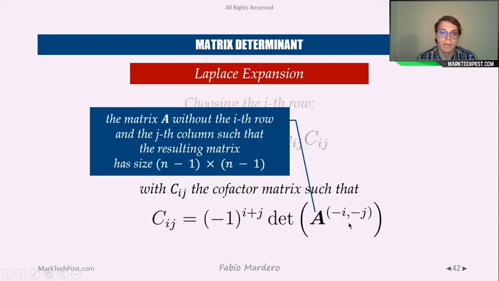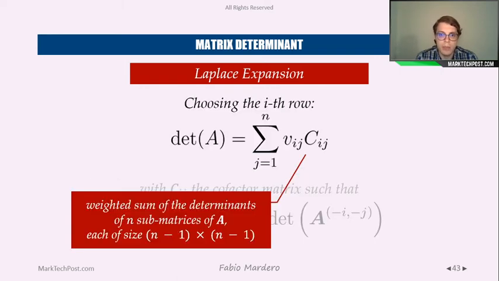This matrix is the A matrix without the ith row and the jth column, such that the resulting matrix has size n-1 times n-1. This expression could seem very abstract, but let's first see that this Cij can be expressed as a signed determinant.